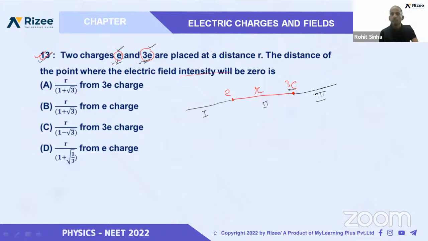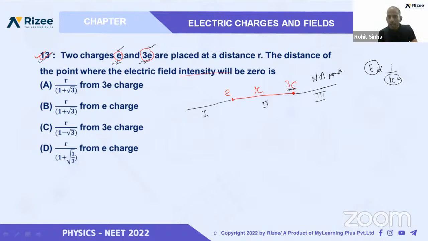We should check. Now, in the third region here, it is not possible to have E0, because the electric field is inversely proportional to R square by the formula. To have the electric field balanced, we have to take the greater distance from the greater charge.